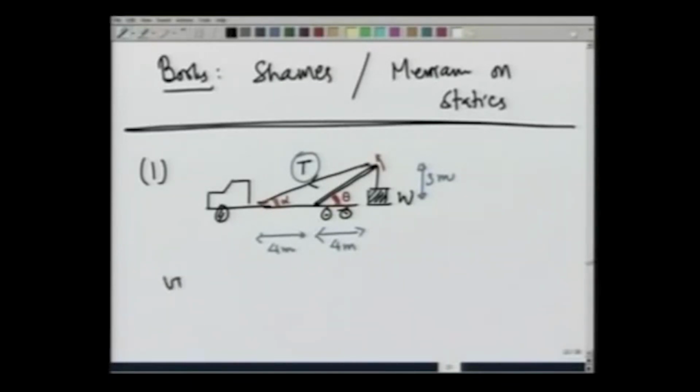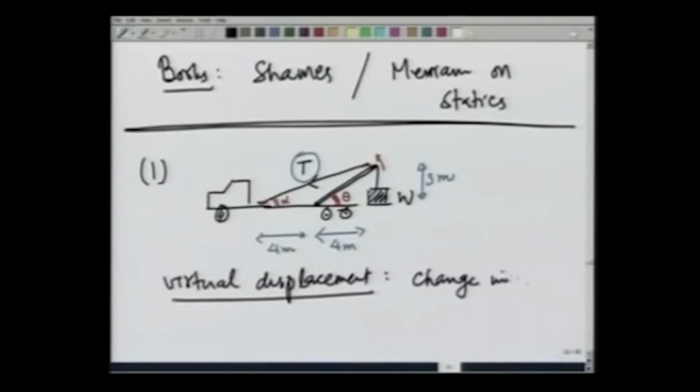So, virtual displacement is going to be change in theta, and then calculate the work done by the external forces W, and notice in this case the external force tension is not a constraint force. The constraint force is the force provided by the shaft because of its rigidity. So, the work done by that is going to be 0, because the displacement is always going to be perpendicular to the shaft, and so we have to calculate work done by W as well as T, the tension, and make it equal to 0.